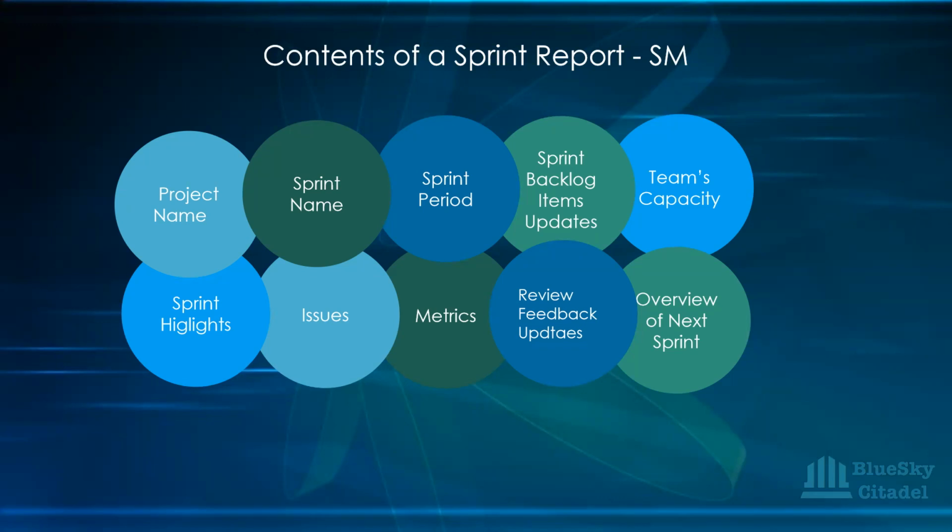Another content you can have in your sprint report is the review feedback update. Let's assume that during the last sprint, the stakeholders gave some feedback, they wanted some adjustments, and you did that in the just concluded sprint. You want to put those feedback updates there to say, this is what you wanted to see, we've adjusted it and it's on the website.